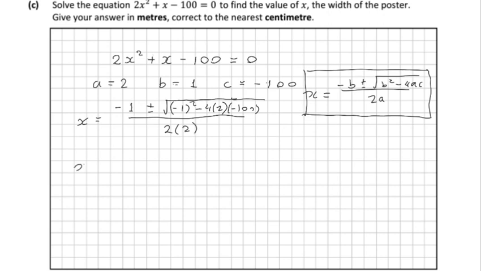So we'll get x is equal to minus 1 plus or minus the square root of the value inside, and we get 801 inside. So we're going to choose the plus and divide by 4. So the square root of 801 is 28.3.